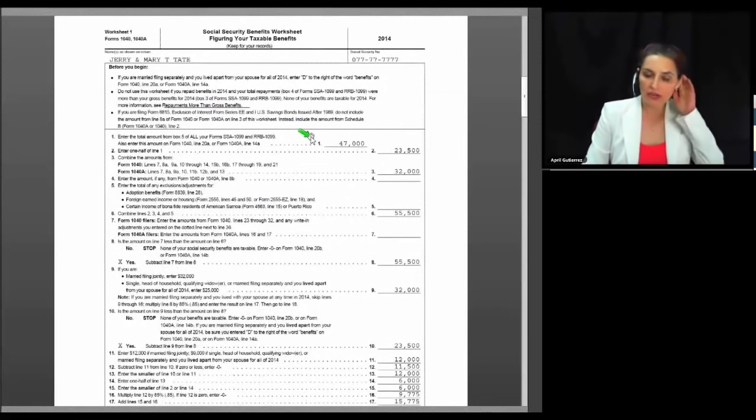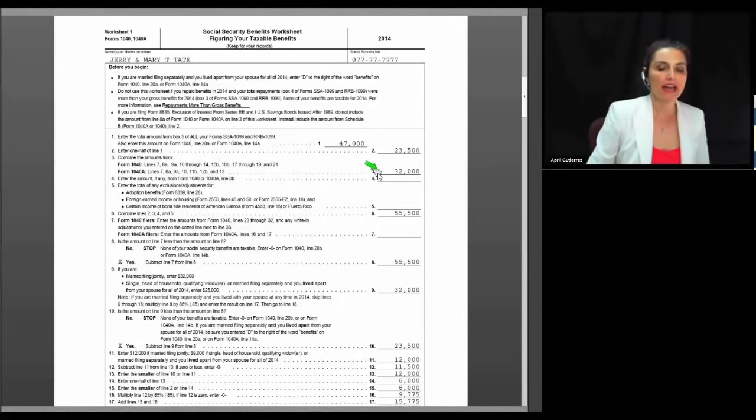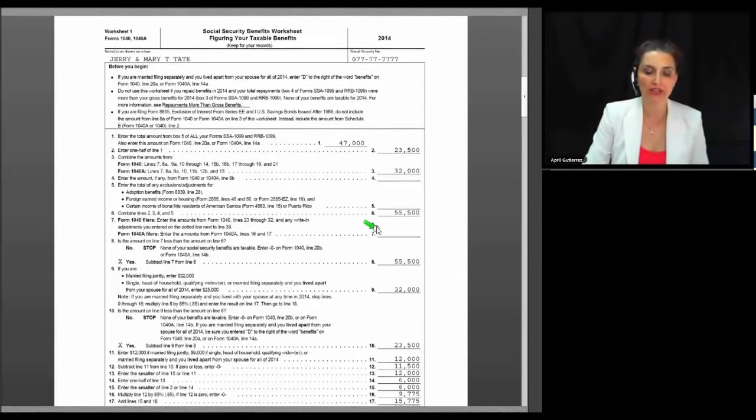On worksheet 1, we're going to take all benefits received in 2014 and divide that by 2. We get $23,500. We add in all of the other income they received for the year, which is the pension and railroad retirement income that both of them received. Their total retirement income was $32,000. So we're going to add that to half their Social Security benefits, and when we do that, we get $55,500.